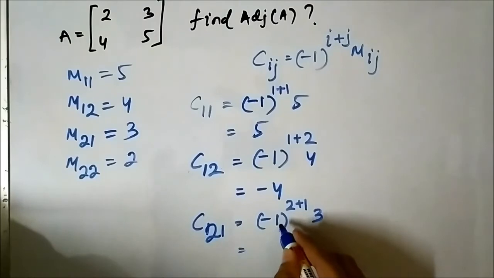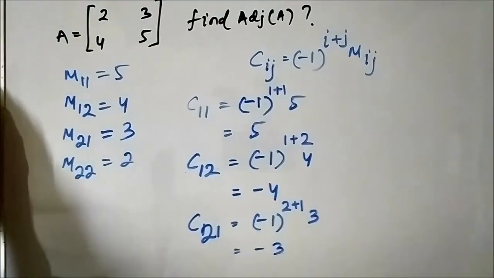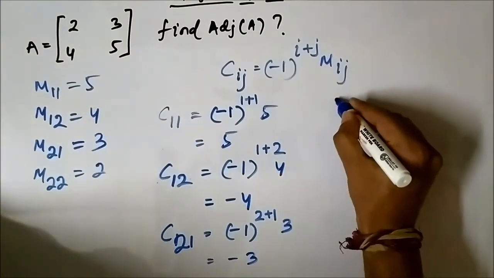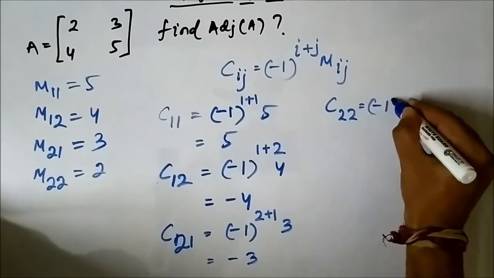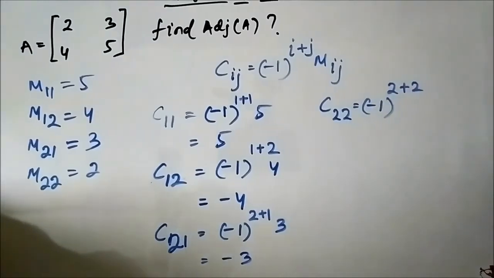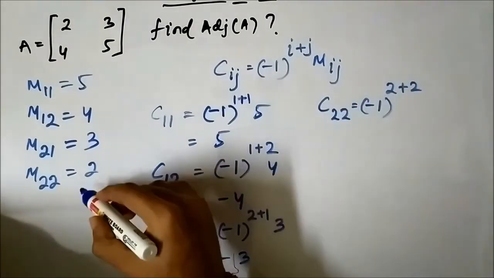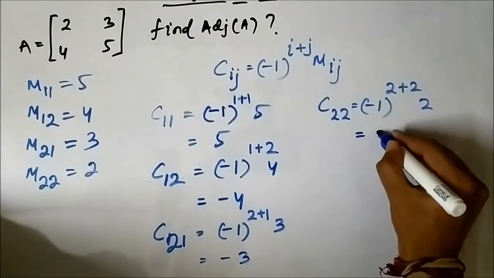Minus 1 to the power 3 is minus 1, so it is minus 3. Similarly, C22, the last cofactor element, is minus 1 to the power 2 plus 2 into M22, which is 2. So minus 1 to the power 4 is 1, so it is 2.